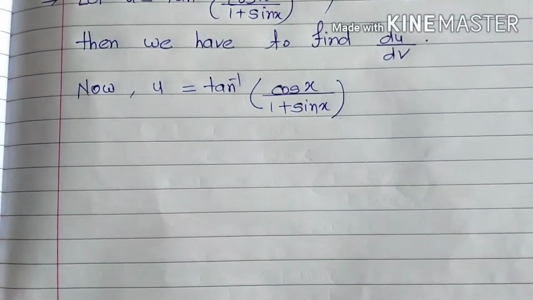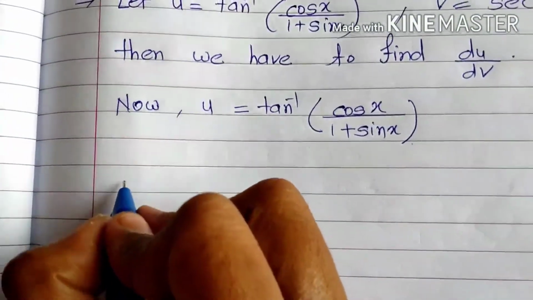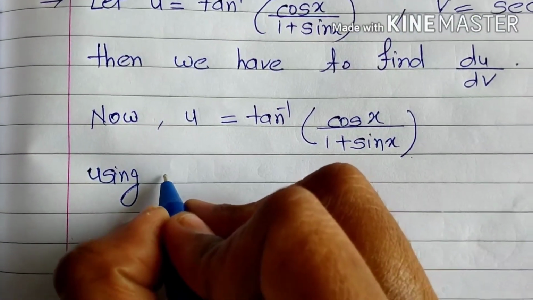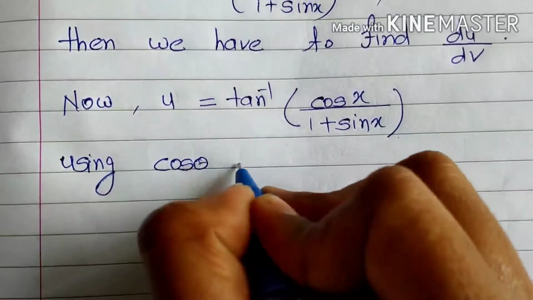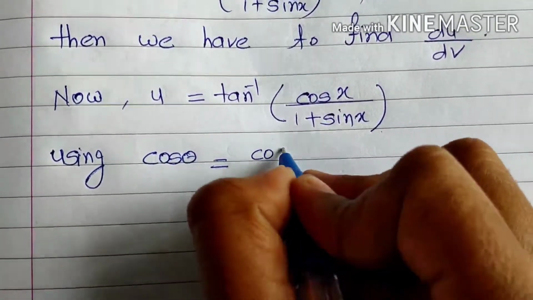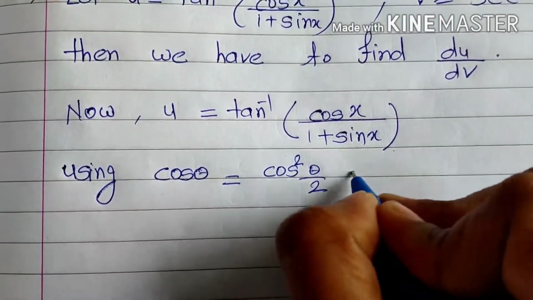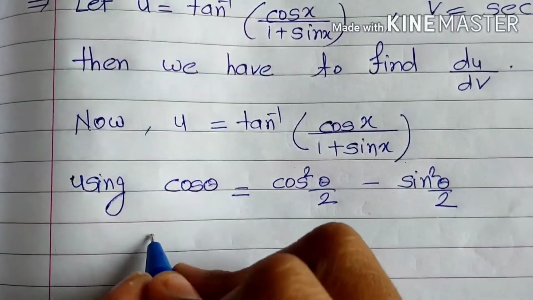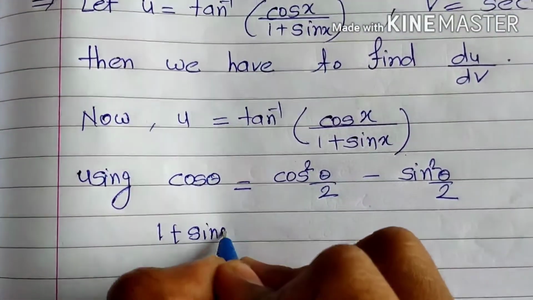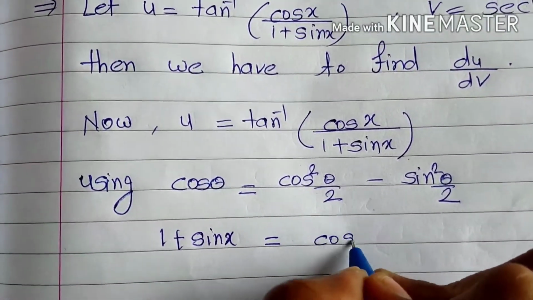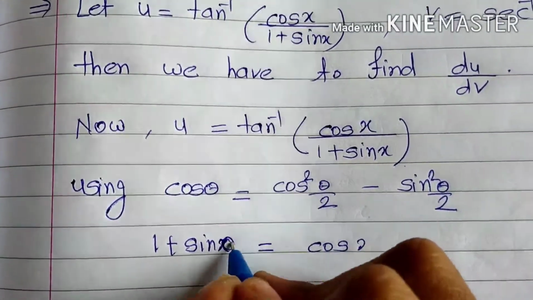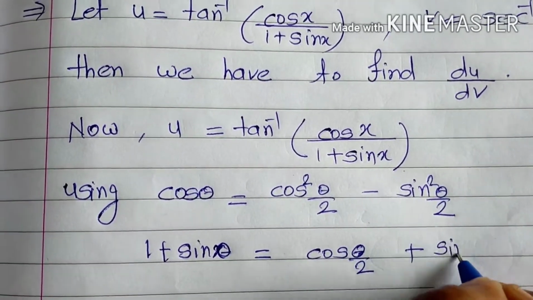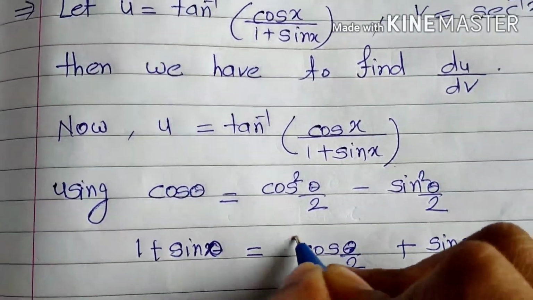There are some trigonometric formulas which we have to use here. Using cos theta is equal to cos square theta upon 2 minus sin square theta upon 2, and 1 plus sin theta is equal to cos theta upon 2 plus sin theta upon 2 whole square.